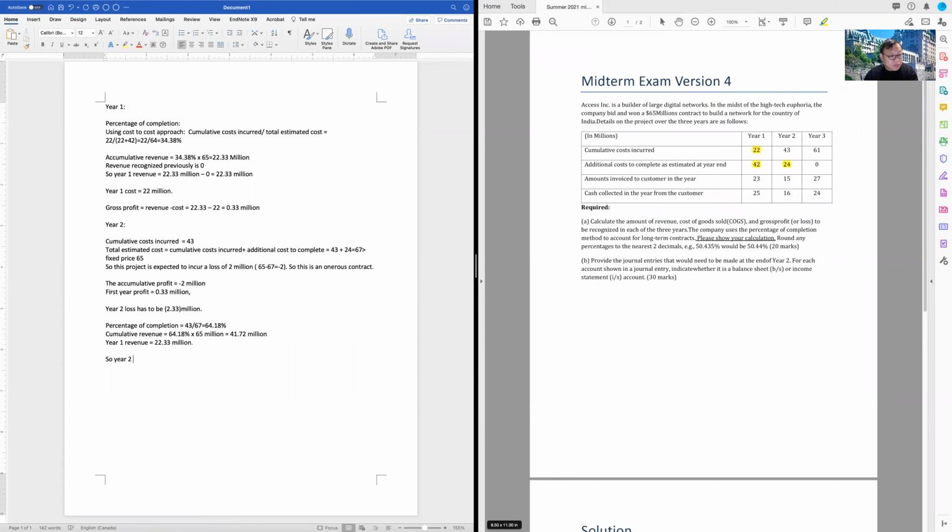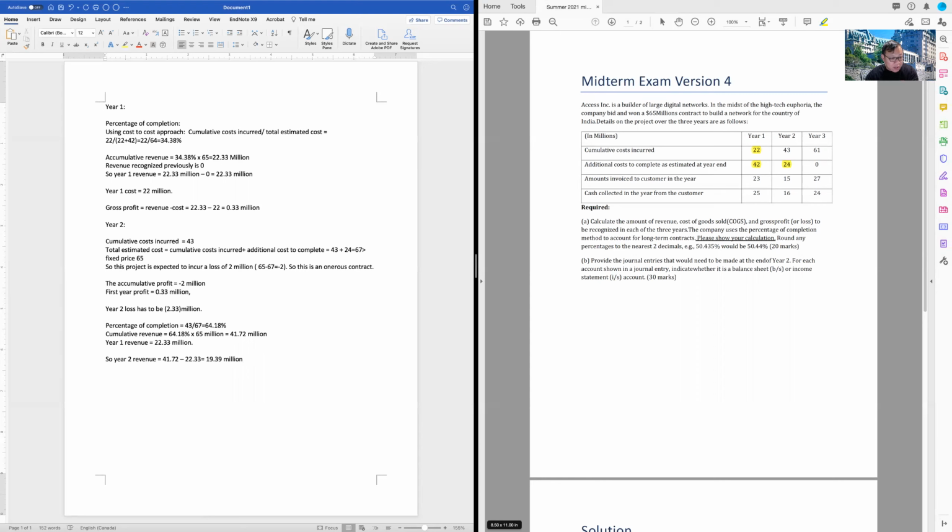So year 2 revenue will be 41.72 minus 22.33. So that equals 19.39. Okay, 19.39 million. Okay, so that's the year 2 revenue.